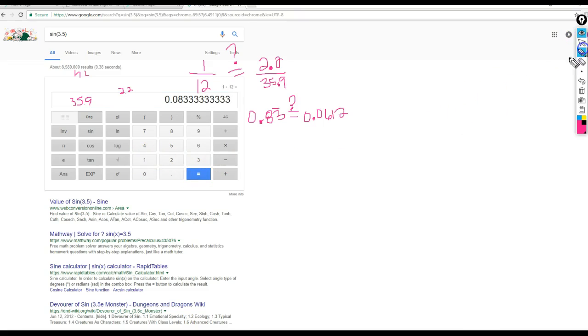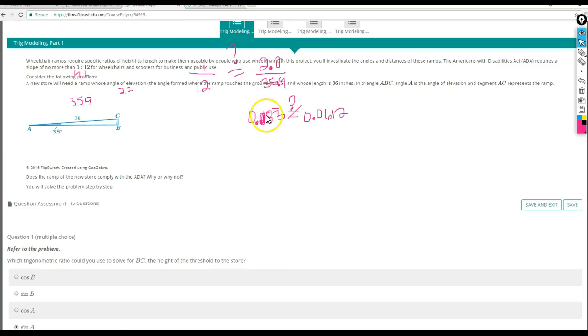So then I asked myself, okay, is 0.083 the same as 0.06? And no, it's not. So no, it does not comply with the ADA because the ratios for height to length are not the same.